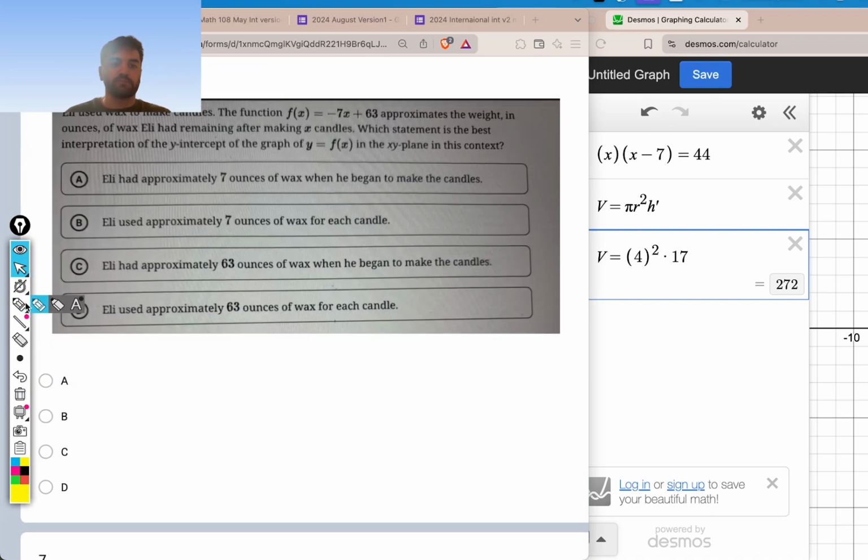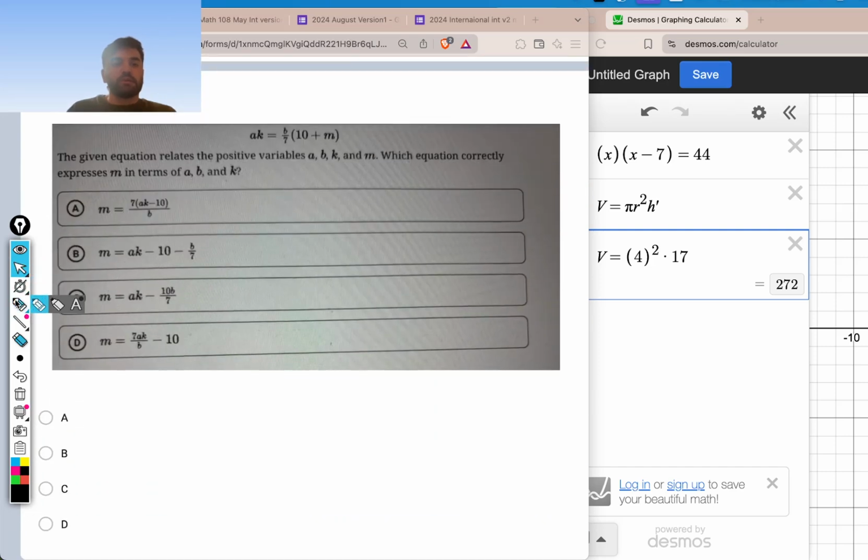6. What is the y-intercept? The y-intercept is 63 here, and 63 is the starting value, so the answer will be C. And it is not negative 7, because that is the slope. 7.